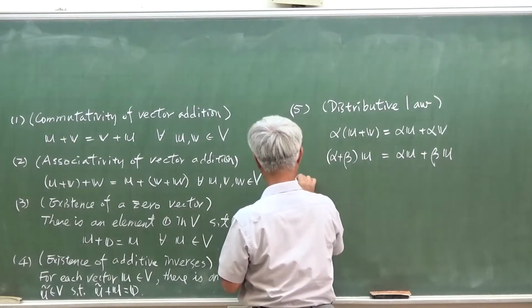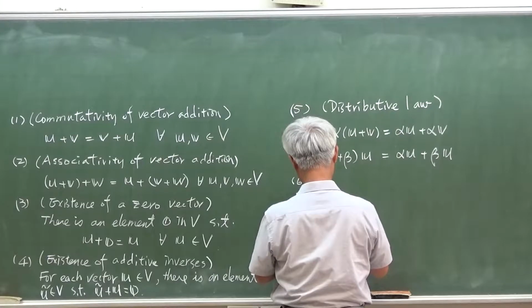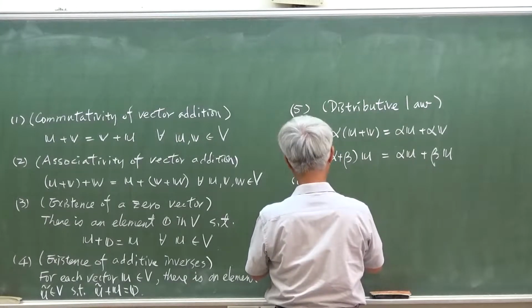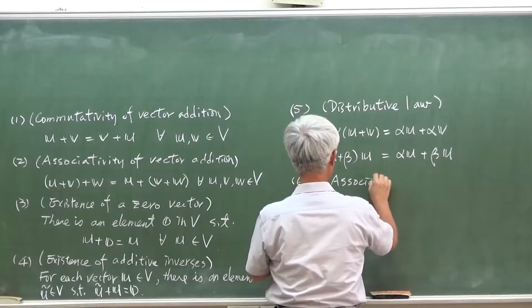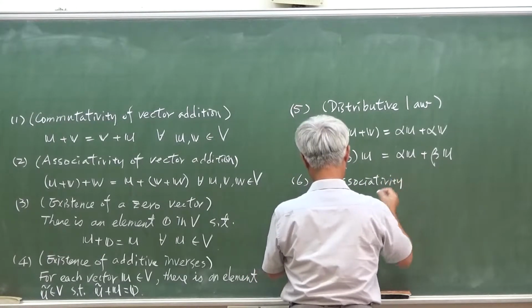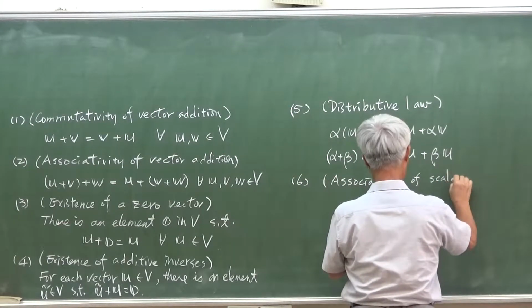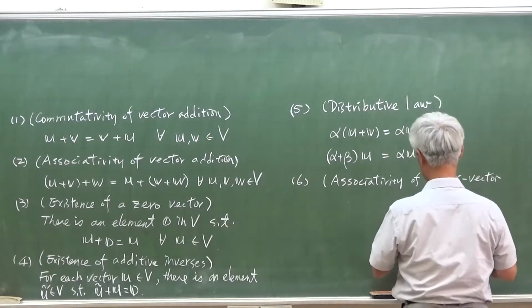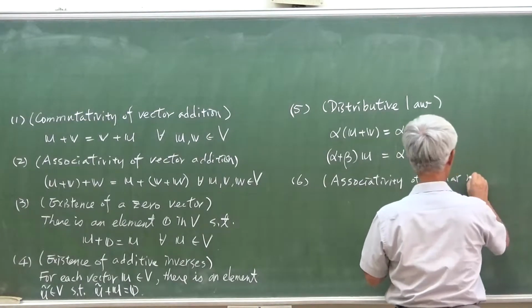And the sixth is about the associativity of scalar and vector multiplication.